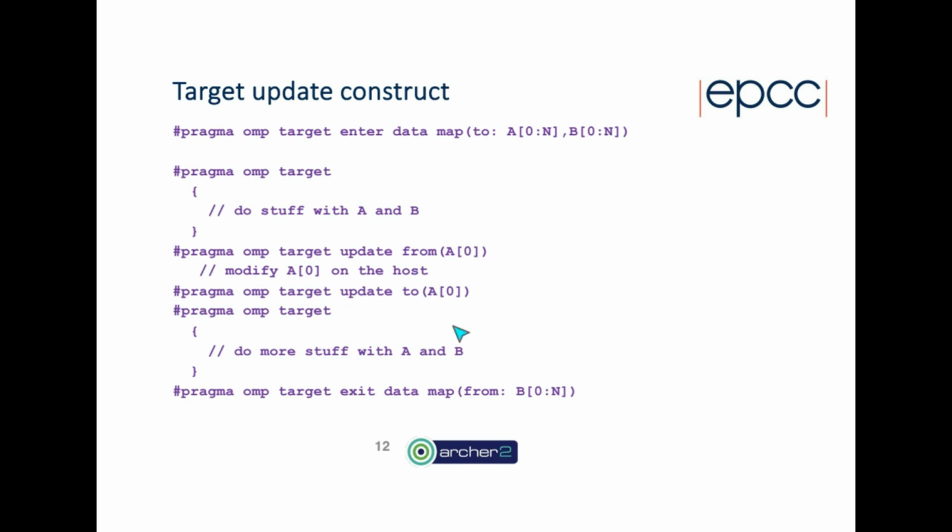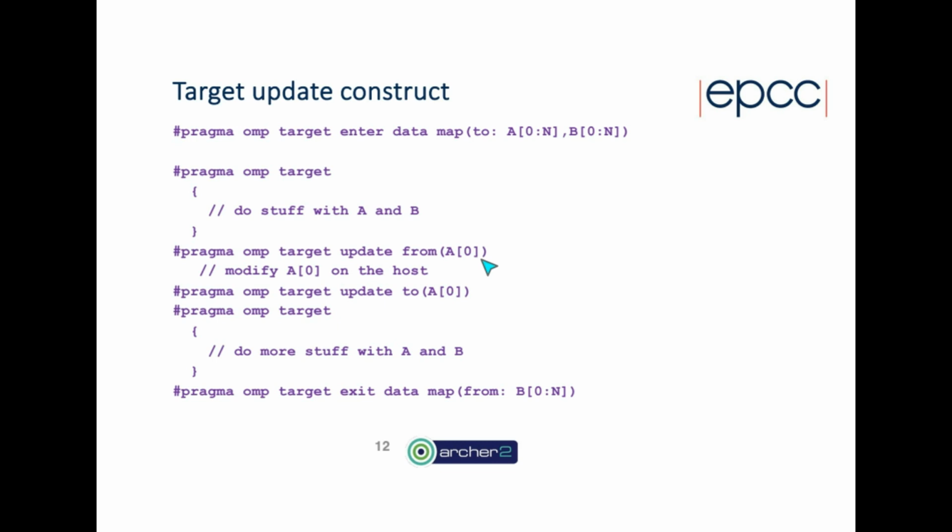Okay. So you can imagine if you have perhaps an MPI application, then this is the kind of pattern you might want. If you're doing halo exchanges, your MPI calls would typically have to be on the host.